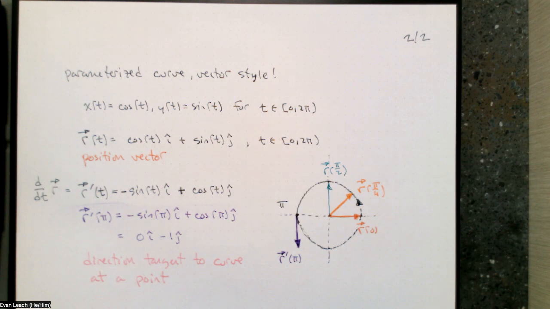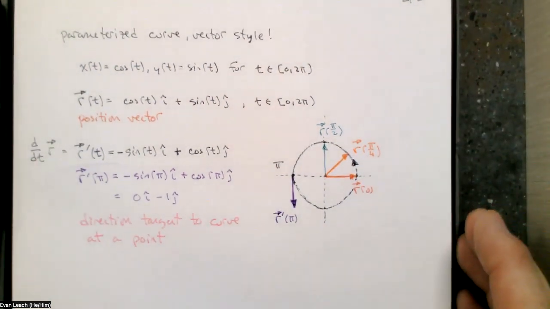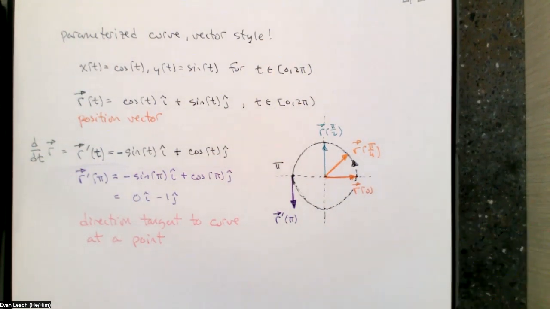Instead of slope, we're using a vector because we have the vector technology. So now we're just describing the direction with a vector rather than slope. So we're making the line tangent to the curve at the given point.